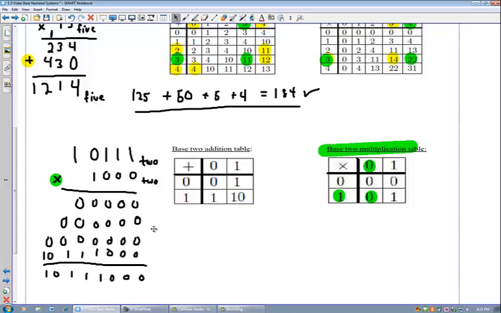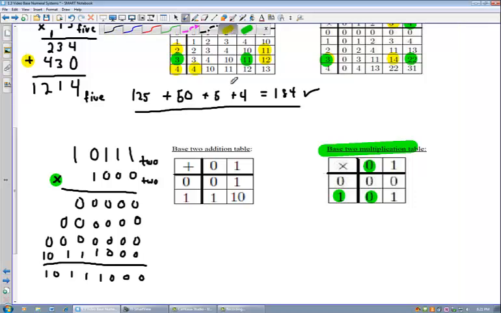All right, so you can see I add up these columns, and I am using, just so you know, the base 2 addition table, and the reason for this is I'm done multiplying. Now I'm just adding up the columns. So I get 0, 0, 0, a 1 when I add all those up, a 1 when I add all those up, a 0 when I add all those up, and then a 1, and then this is base 2.